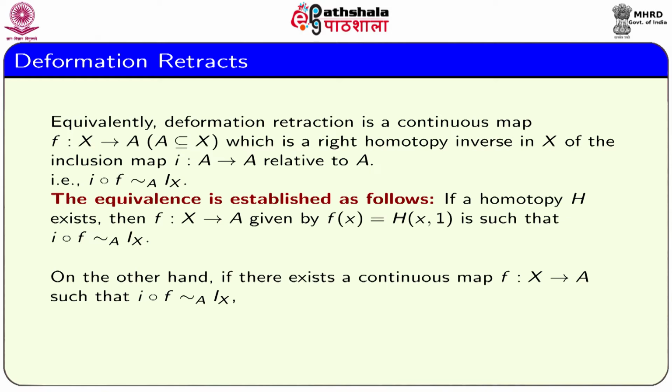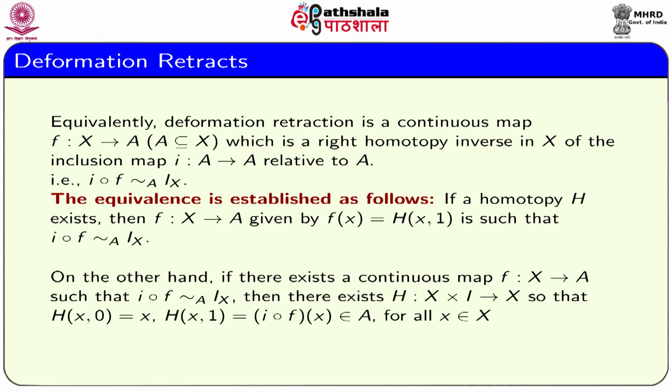On the other hand, if there exists a continuous function F such that this condition is satisfied, then there exists H so that H(x,0) is x, H(x,1) is inclusion composed F evaluated at x, which is inside A for all x belonging to X. So that homotopy H is such that for every value of t, H(a,t) is equal to a, and that is true for all a belonging to A.